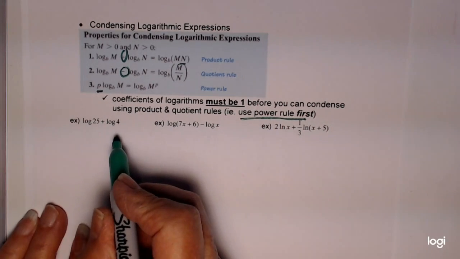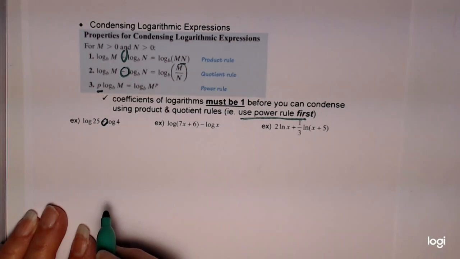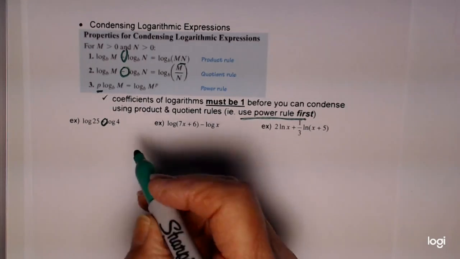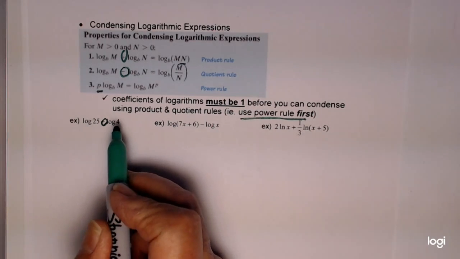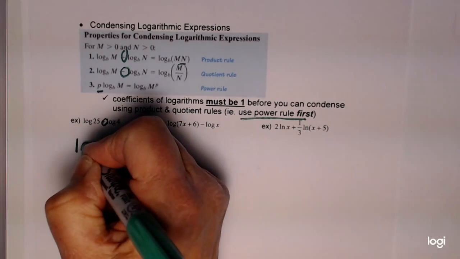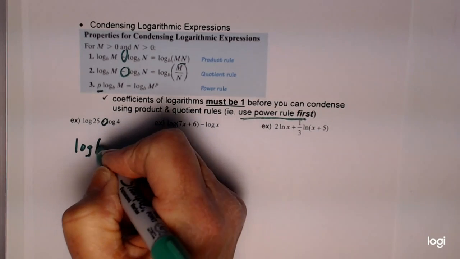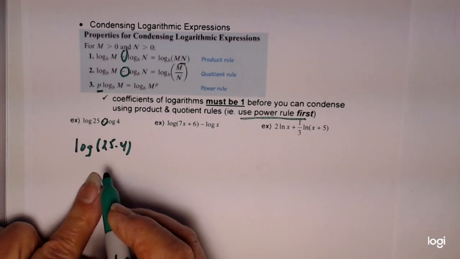So let's take a look at this first example here. We have this plus sign, which implies multiplication. So we can put this together, and now we have, notice, two log statements, log, log. We're going to put them together, and we're going to have one log statement, and now it's going to be a multiplication of the information from the two log statements.